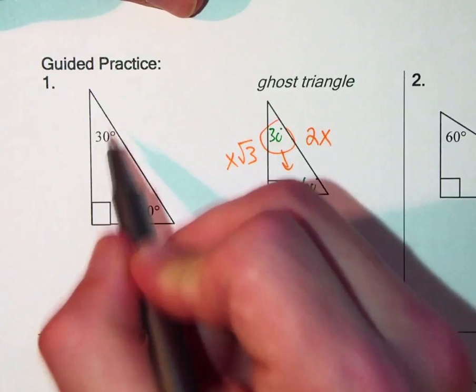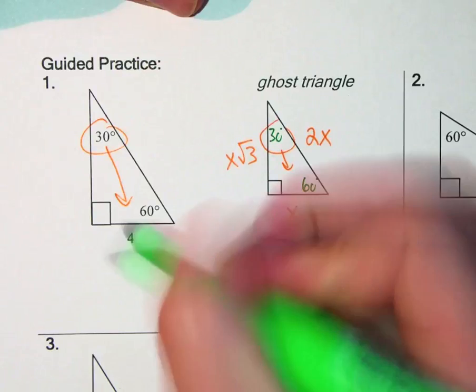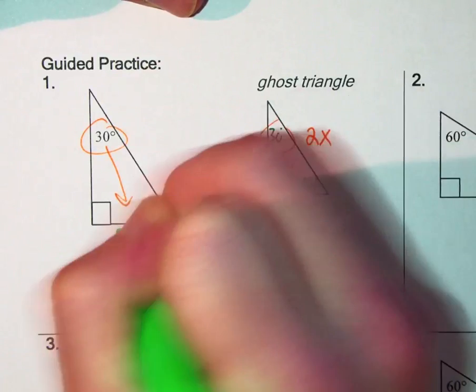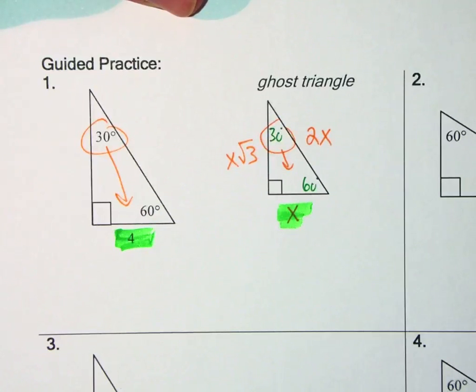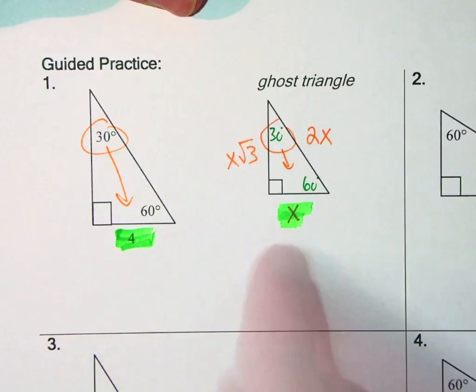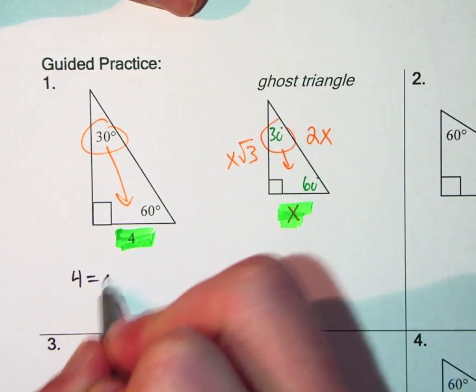Anyway, let's go ahead. Across from the 30, this 4 right here equals that x right there. So these guys are equal. You can go ahead and write it out. So 4 is equal to x.